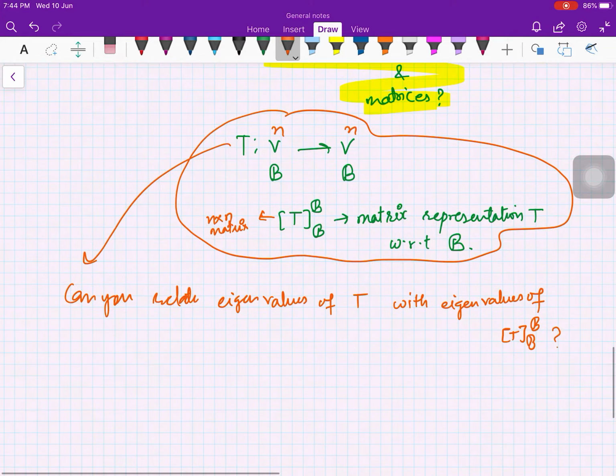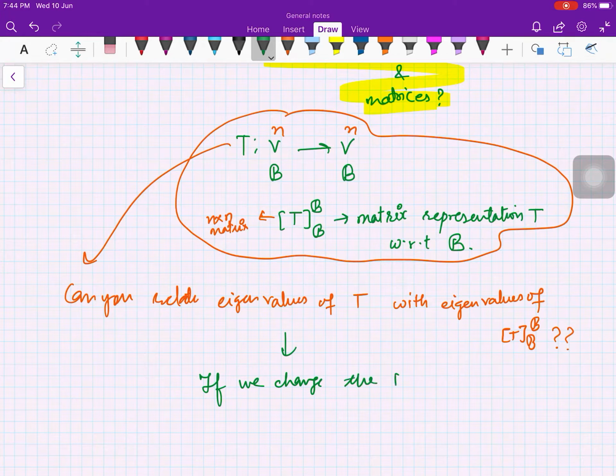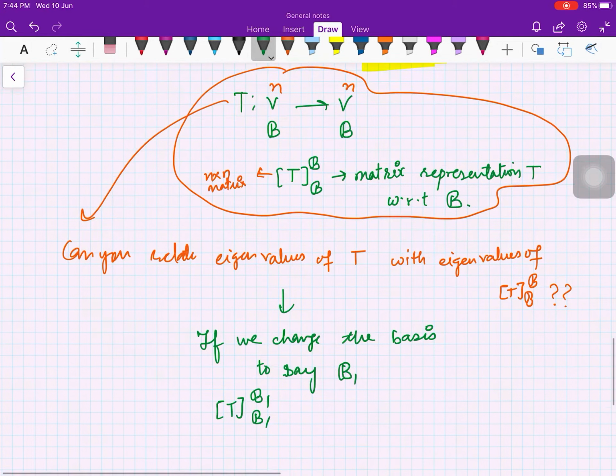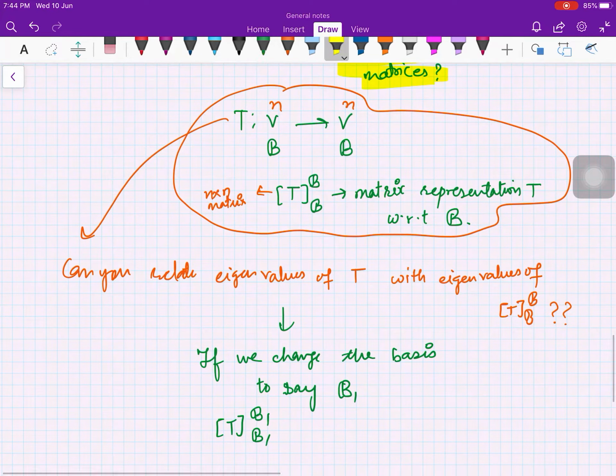Before that, you must have in your mind: ma'am, if we change the basis to say beta 1, then we have another representation T beta 1. If you have a linear transformation from V to V, you can definitely relate it with a matrix, but there are so many such matrices. There is not a unique matrix associated with the linear transformation, because there are so many bases for V.